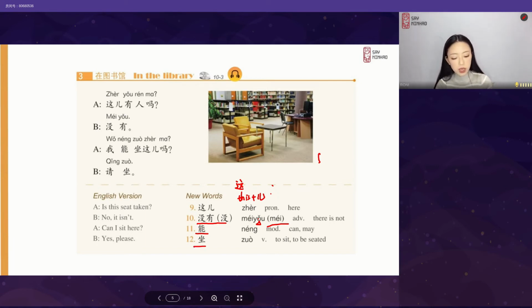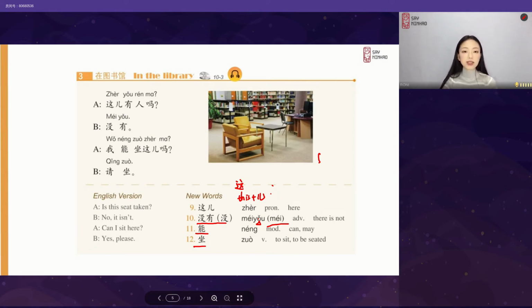The last one is 坐. Read after me, please. 坐, we've seen it in the warm-up part. It means to sit or to be seated. When I say 请坐, we've learned 请 which means please, so 请坐 means please sit.